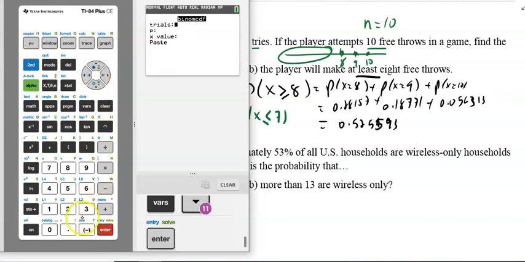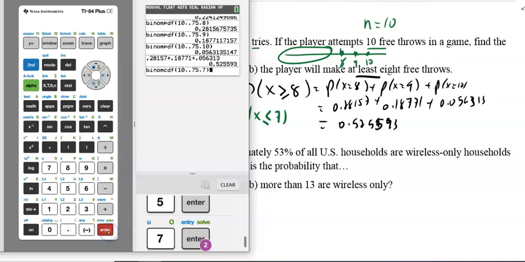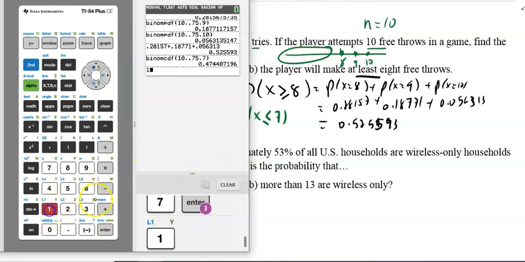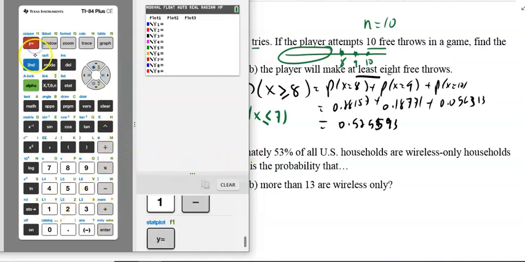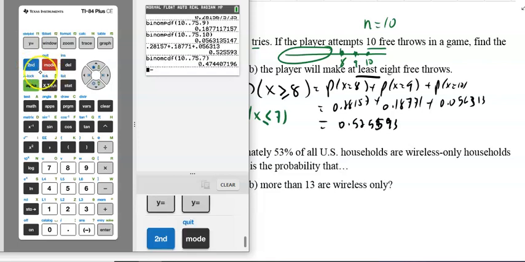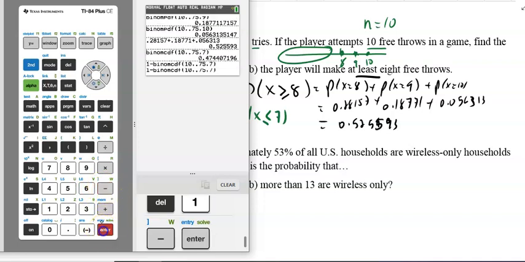Here it is. Number of trials, we have 10. 0.75 success, and we want 7. Okay, something didn't add up. Oh, 1 minus that. I'm sorry. 1 minus, right? Insert 1 minus. There it is.